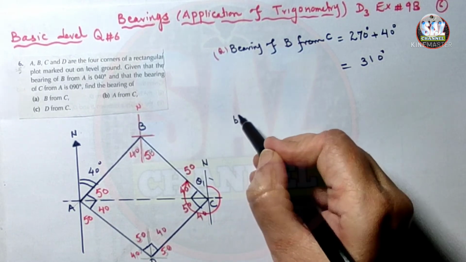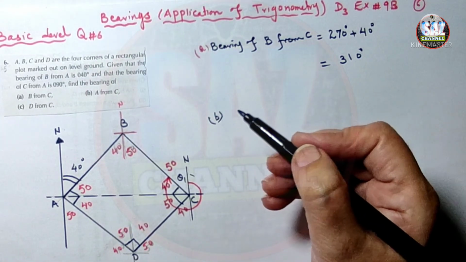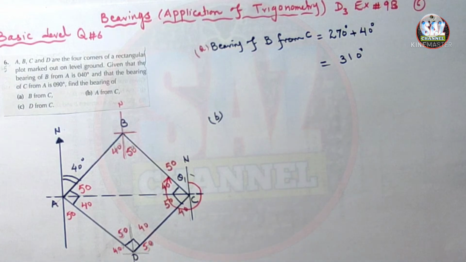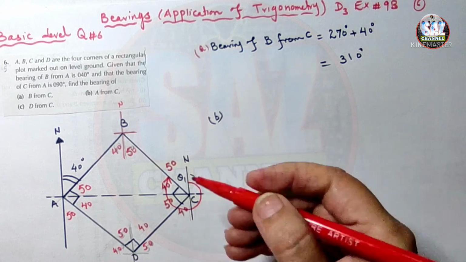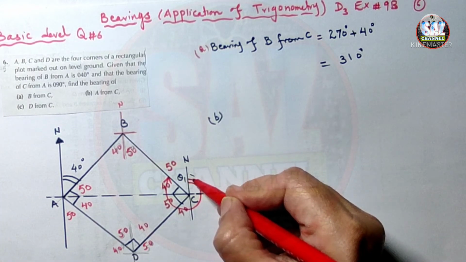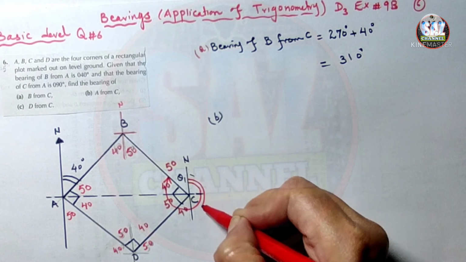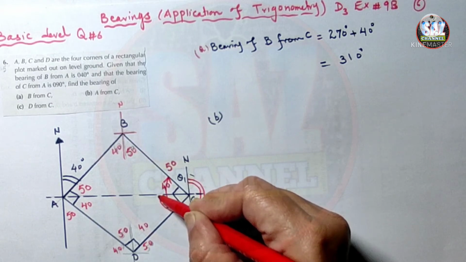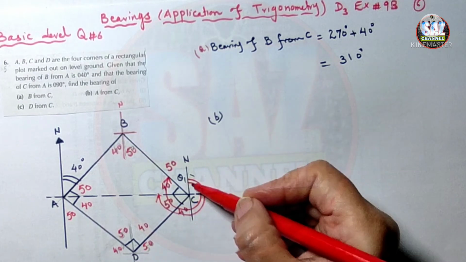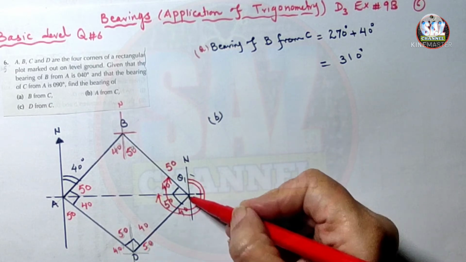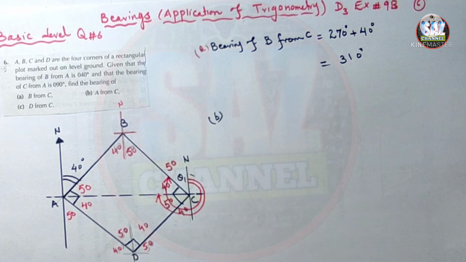Moving to the next part, that is the bearing of A from C. Again look, we have to start our movement from the north of C. We have to take this movement, and then we have to stop at A. If we observe the diagram carefully, we can see that this is the first quadrant, this is the second quadrant, and this is the third quadrant.